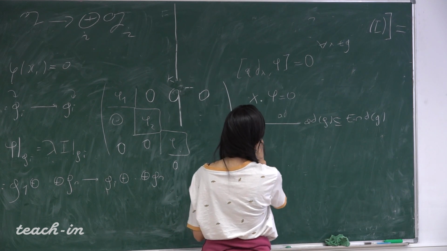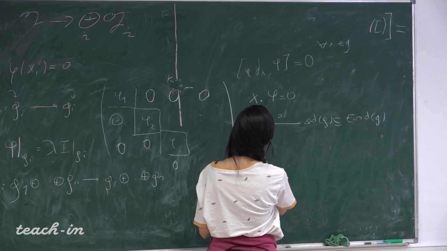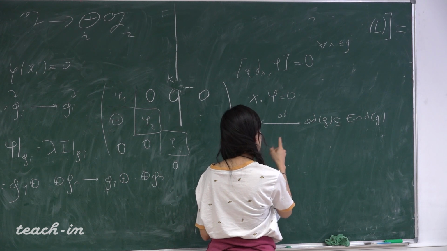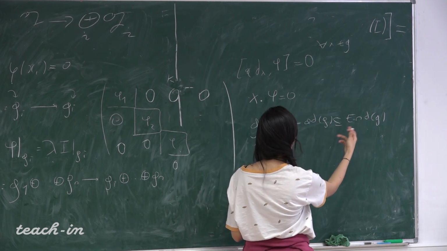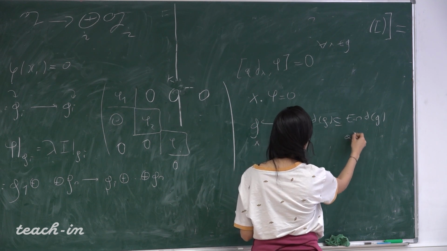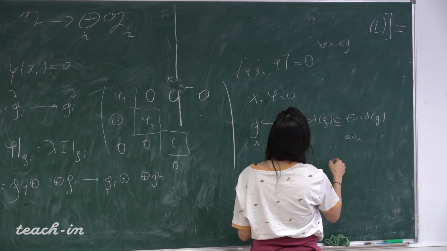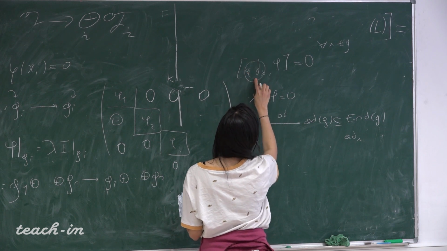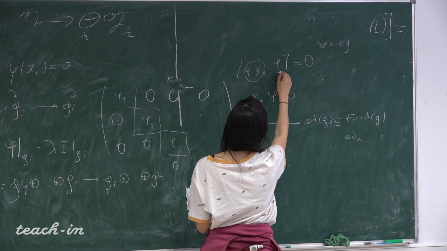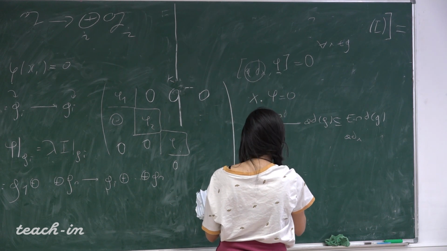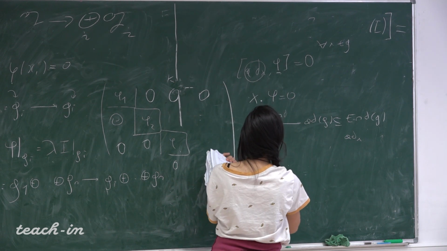Each element here is uniquely represented by someone here, and a linear map here. X is here, so is this element, and phi is in G, right?